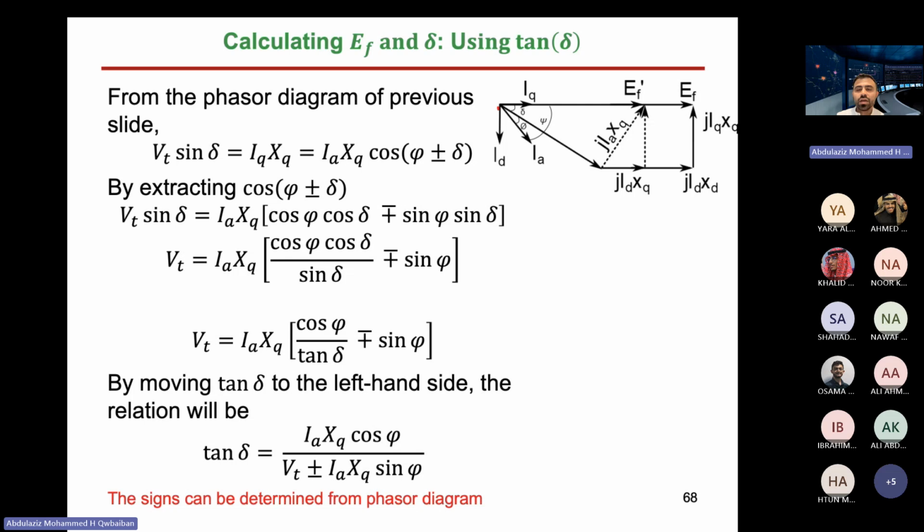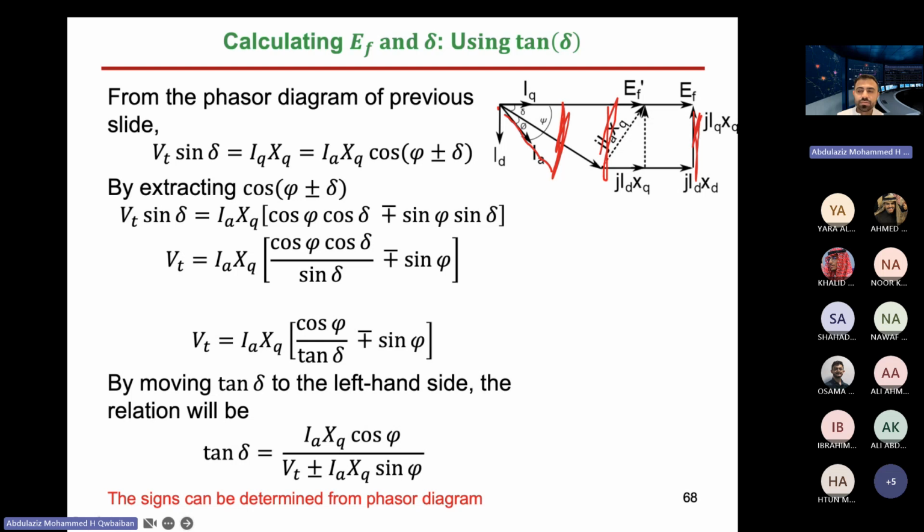This would equal IA times XQ cosine of the angle delta plus theta, or we call it psi. If you do that, you will scale IA with XQ first, so IAXQ will be longer. And then you take cosine of this angle. So that's the projection. This projection would equal this projection, which would equal this projection.